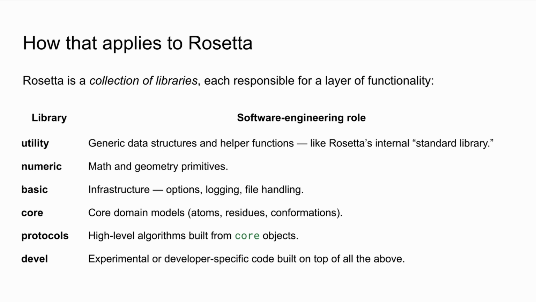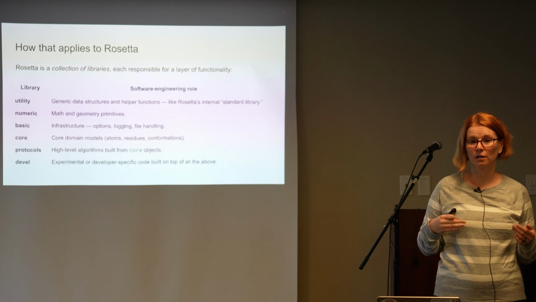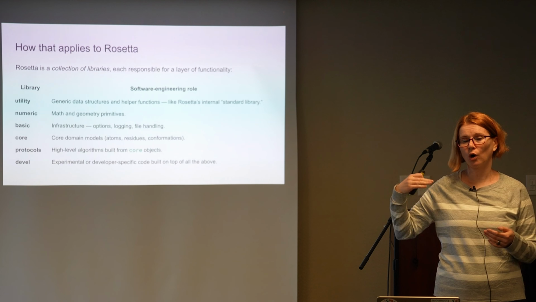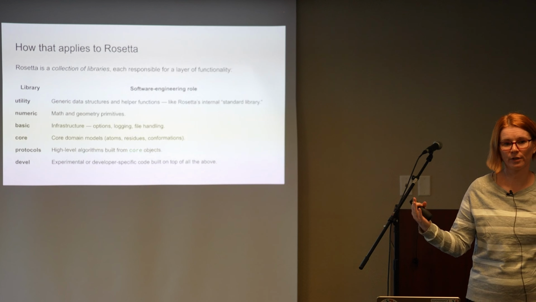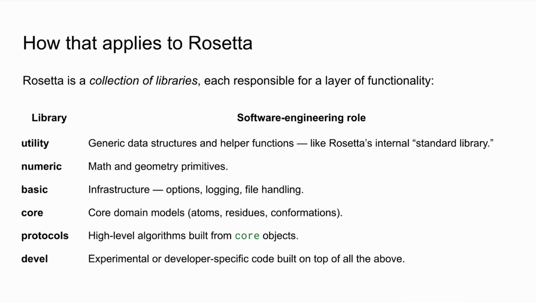And then you have basic, which is basic infrastructure: options, logging, file handling. Then you have core, and the core of Rosetta is atoms, residues, sequences, conformations, anything that has to do with proteins. Then you have the protocols layer on top of that. It's like, oh, we're doing docking, we're doing loop modeling, we're doing flex pep dock, whatever.